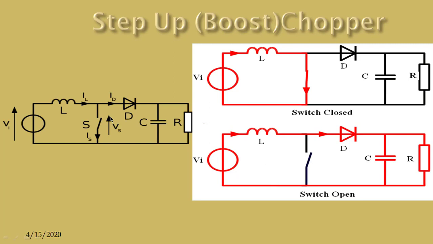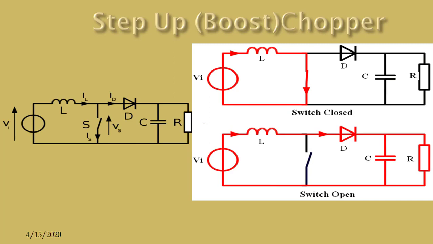In mode 1, that is when the BJT is on, and mode 2 is when the BJT is off, right? Now from these two circuit diagram, we will try to draw the critical waveform of boost converter.